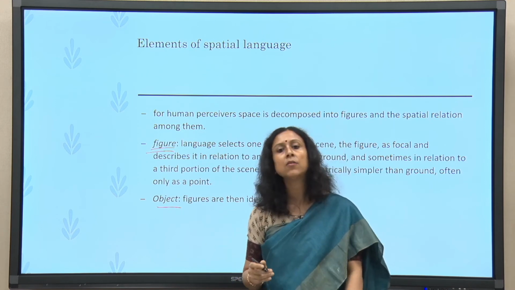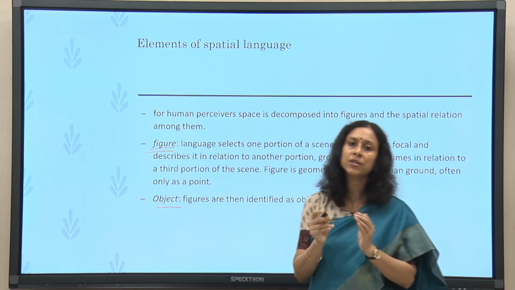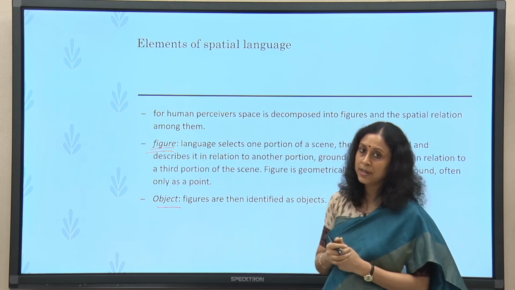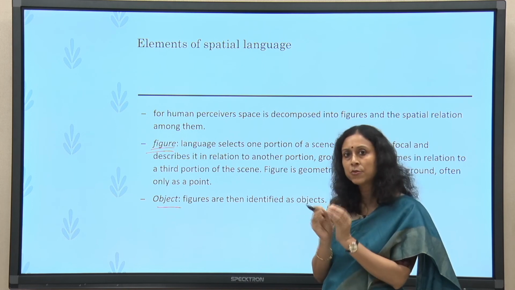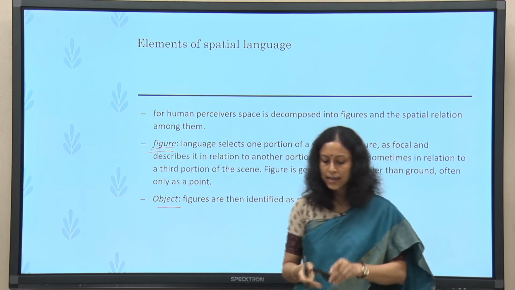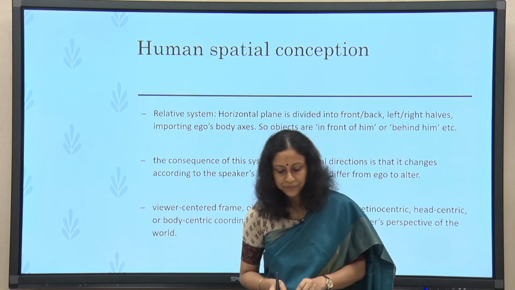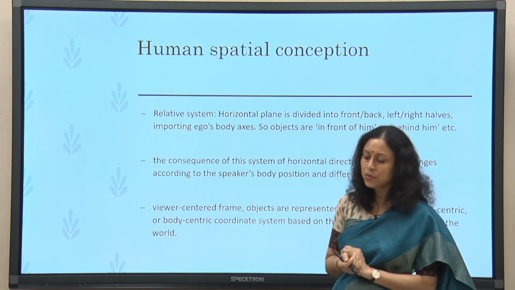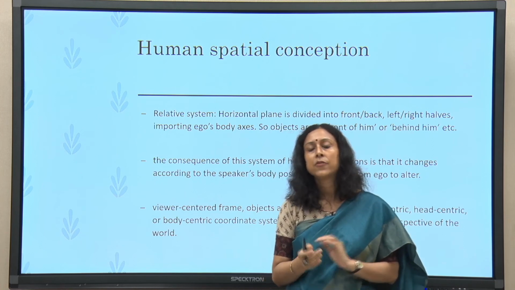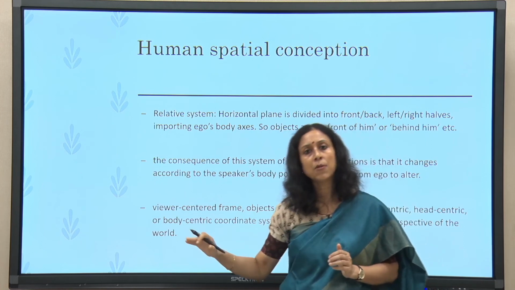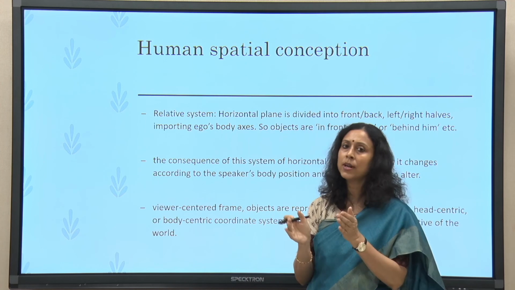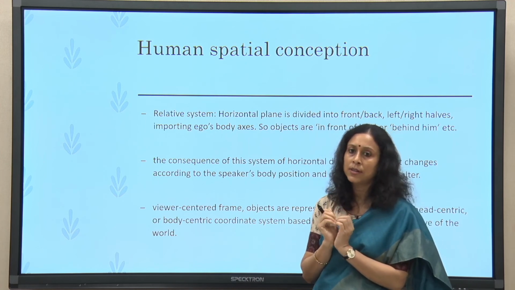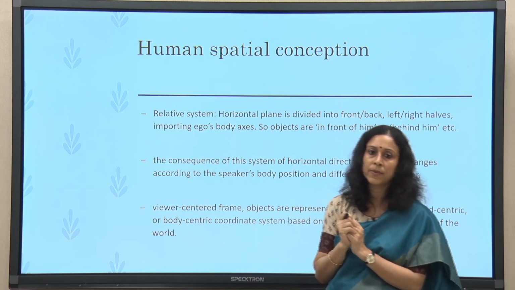So, when we use language to talk about space and spatial arrangements, we basically break it down to certain smaller units, and these are the units. Now, bringing them together, we have the figures, we have the layout in our mind, and then how we look at the layout is what we call the spatial conception in terms of human spatial conception.